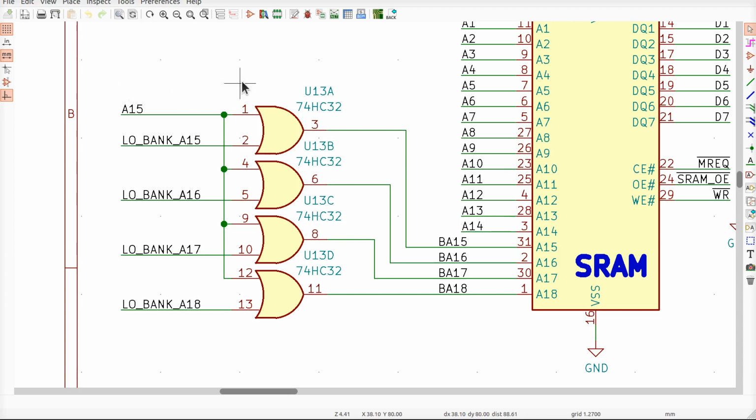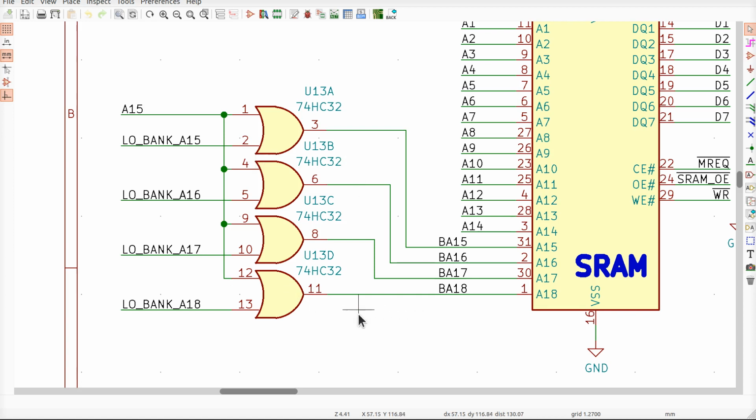Whenever the Z80 is accessing the bottom half of the RAM range, A15 will be 0, and 0 ORed with some value X is always equal to that some value X. So whenever we're in the bottom half of the memory, whatever comes out of the low bank address bits propagates through these gates.